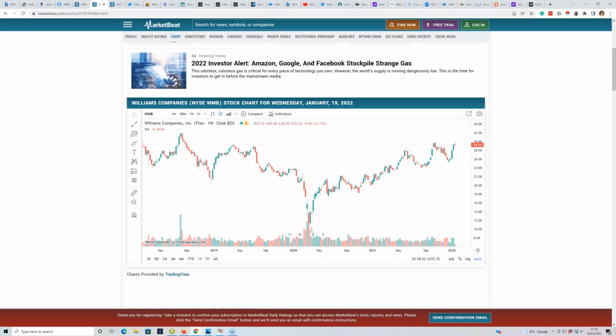Once again, we go back to this big crash that we had back in March 2020, and what do we see? We have the dramatic fall lower. We have a really, really nice 2-bar reversal, a ton of volume coming in, and we have this candle here on that week.